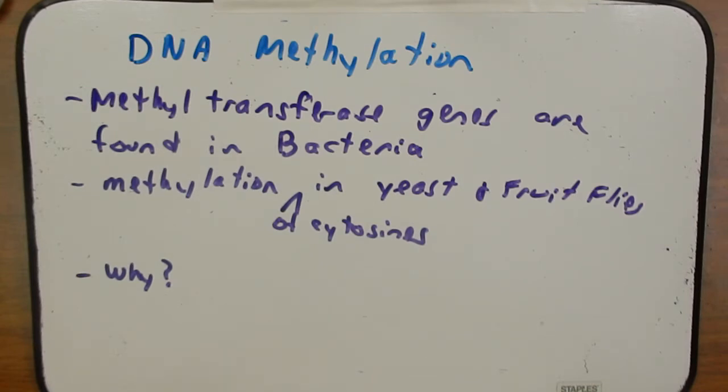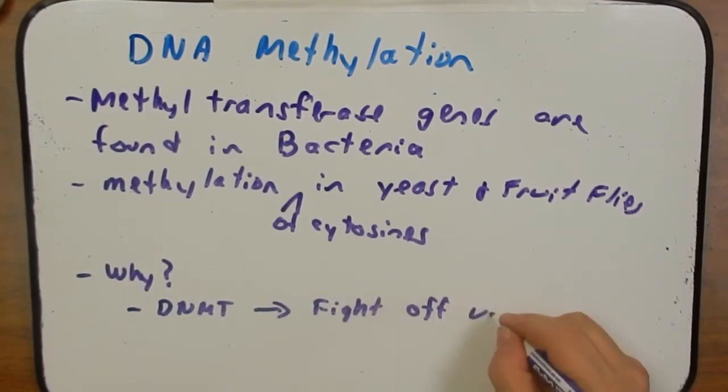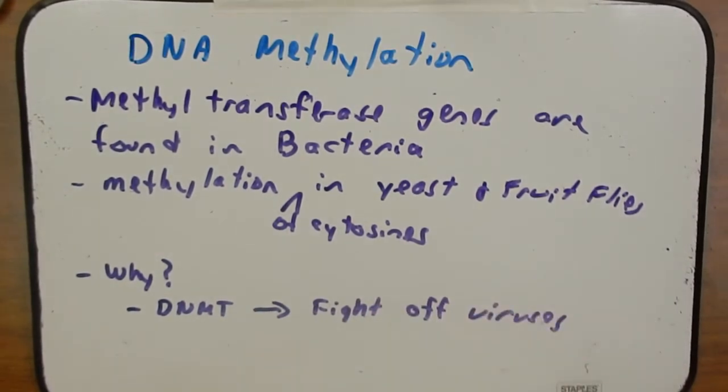But a prevailing idea is that DNA methyltransferases, which we abbreviate as DNMT, and there are several of these, may have arisen at some point during evolution to fight off viruses, just to survive. And through the process of natural selection, maybe some of these DNMTs began to preferentially methylate certain genes in an early eukaryotic cell to help regulate the timing of expression.